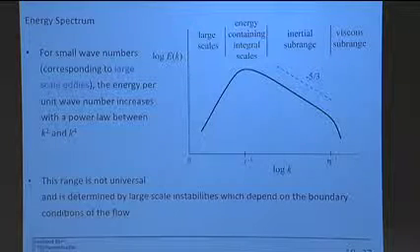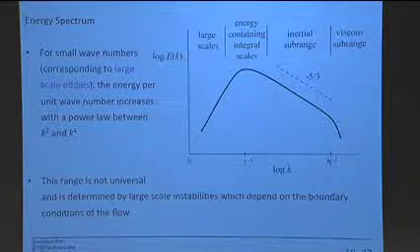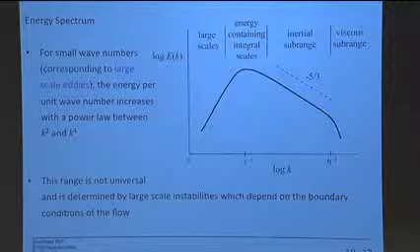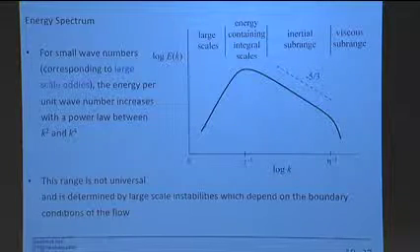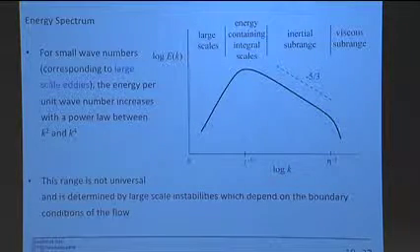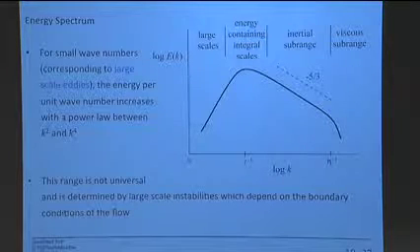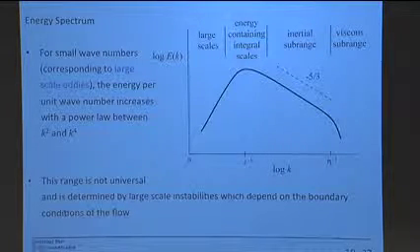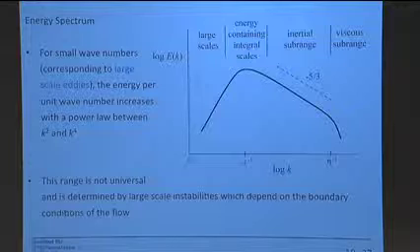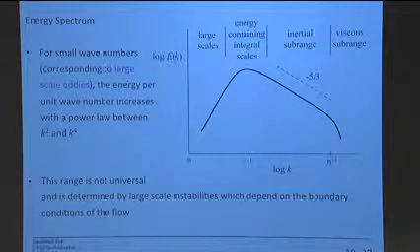So that's Kolmogorov's famous minus 5/3 law. Probably most here have heard that term before. That's called the inertial subrange, because here only the inertial forces are important. Viscosity is not important. Okay.